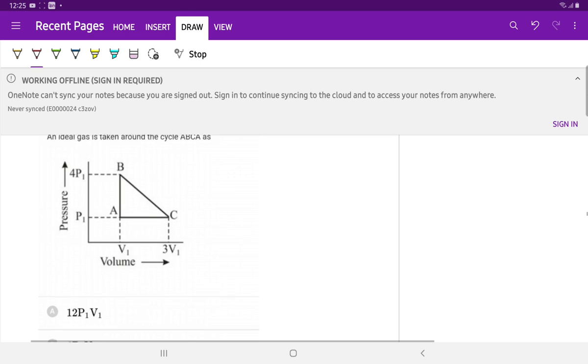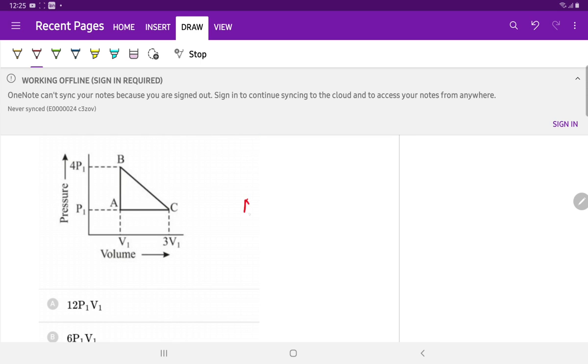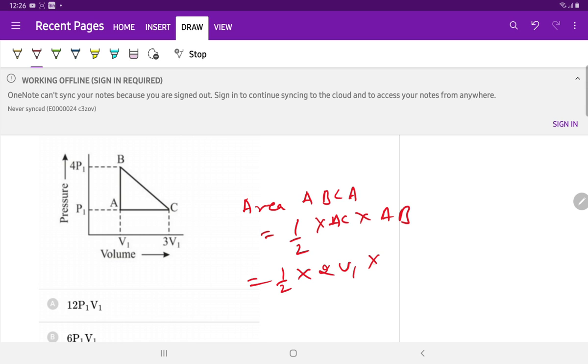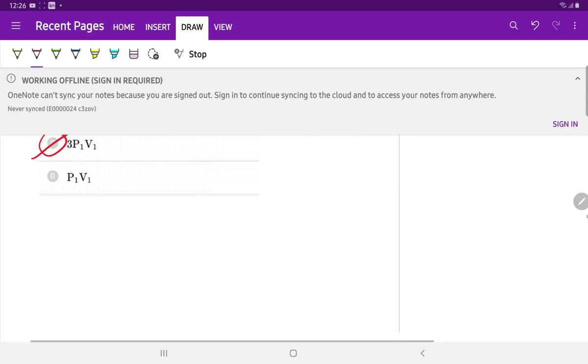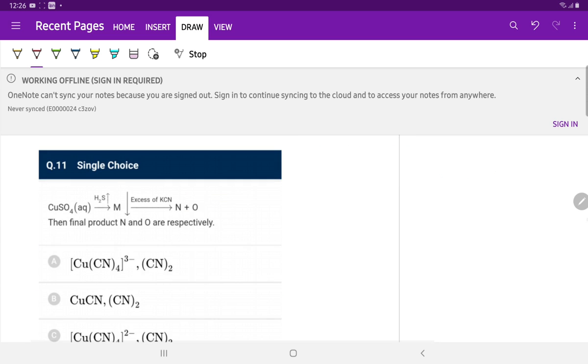Work done in a cyclic process is equal to the area under the curve ABCA, which is equal to half into AC into AB, which is equal to half into 2V1 into 3P1. So 3P1V1. So answer is C.